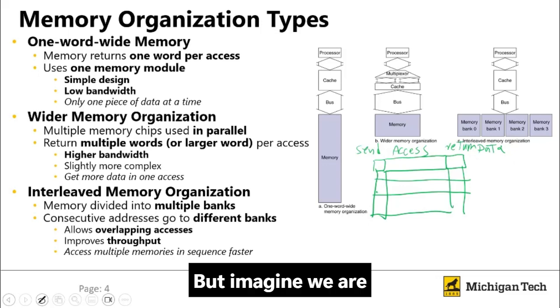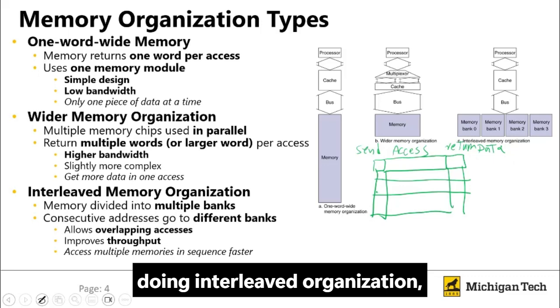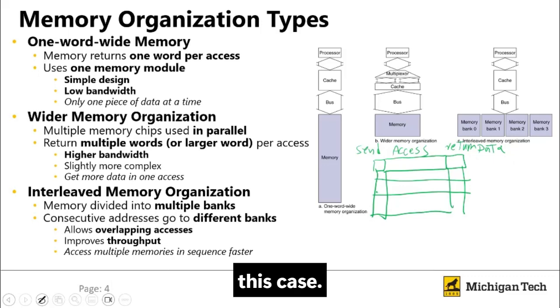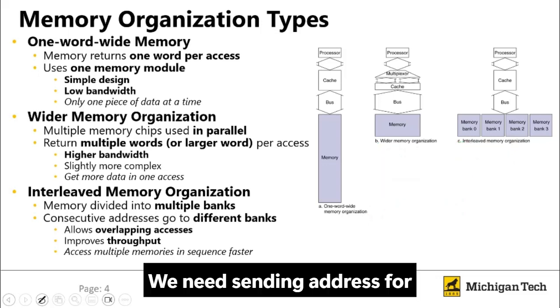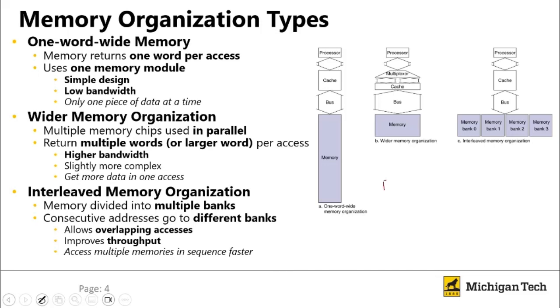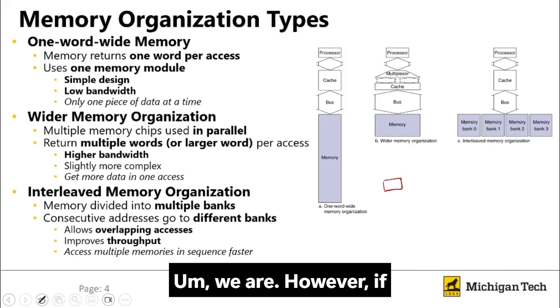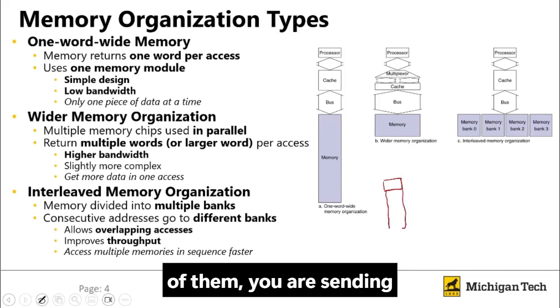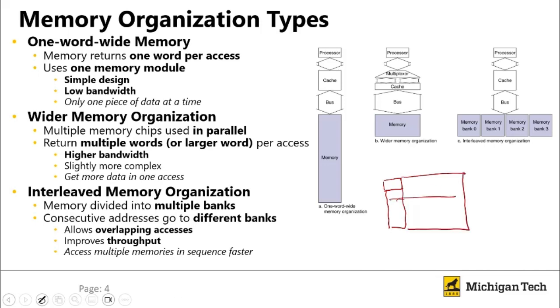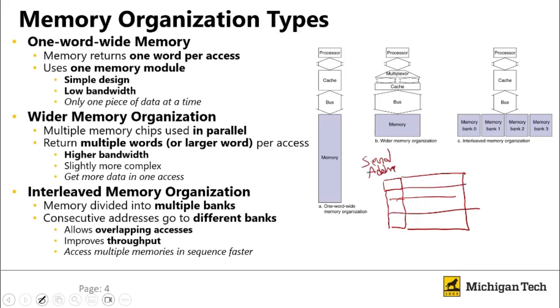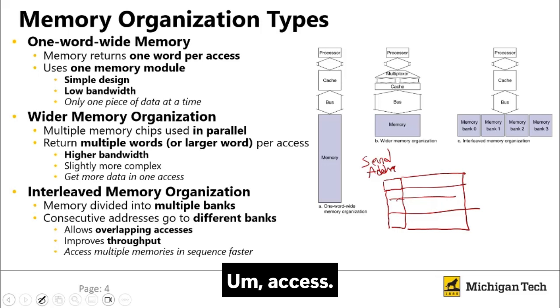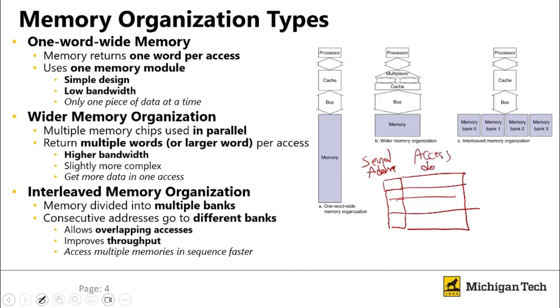But imagine we are doing interleaved memory organization. In this case, we send the address for the first one, and this can happen for all of them. You are sending the address and accessing data, send address, access data.